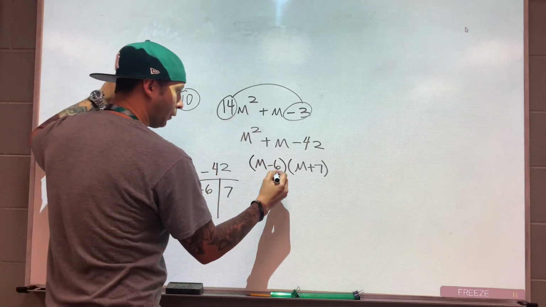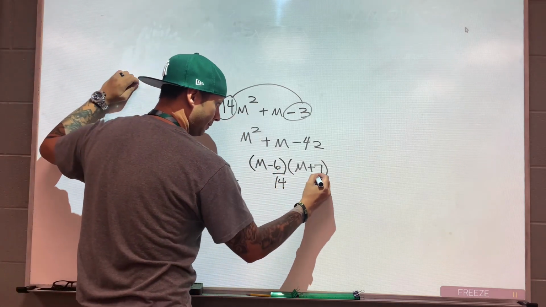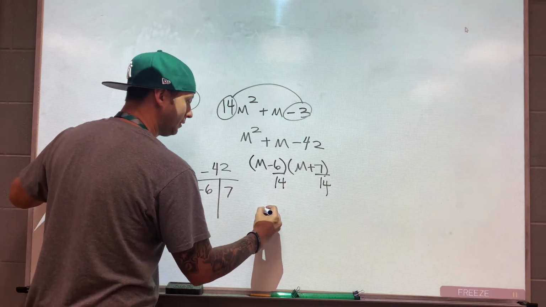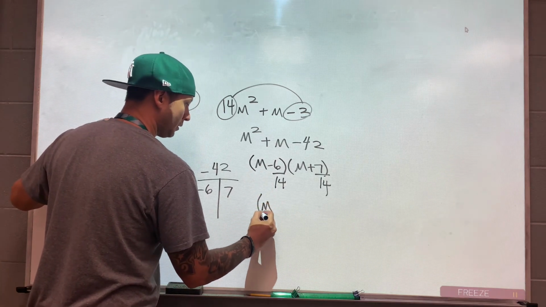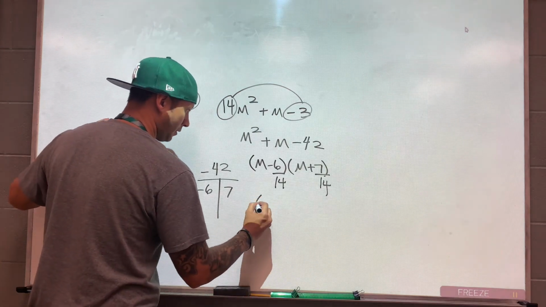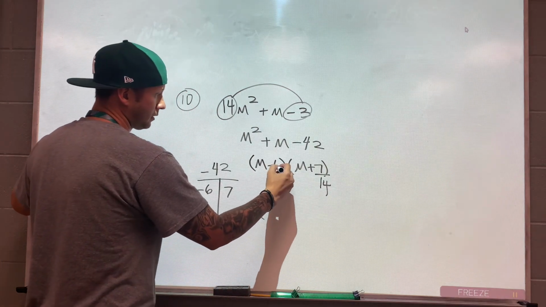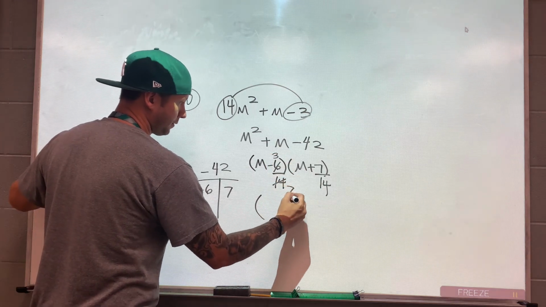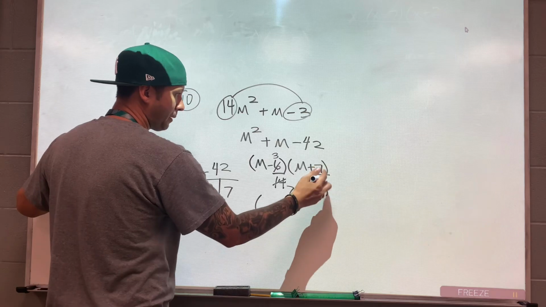We have to divide the 14 back out. So both of these are even. So m is going to be divided by 2. Here I'm going to divide by 7.